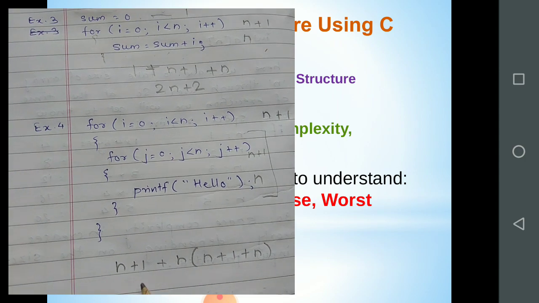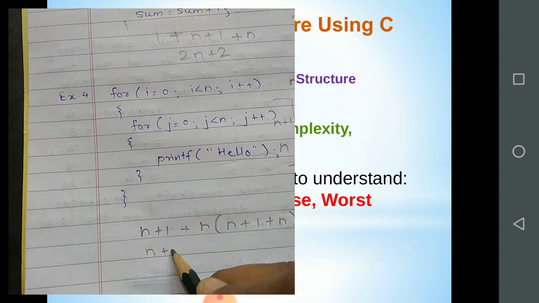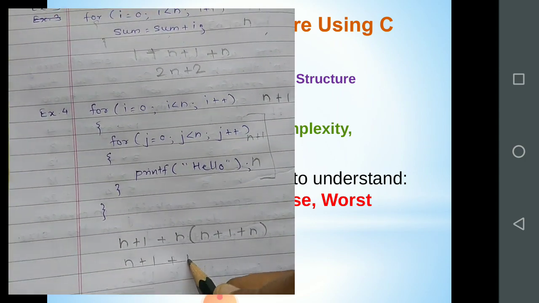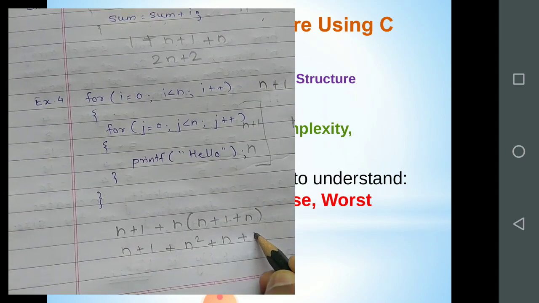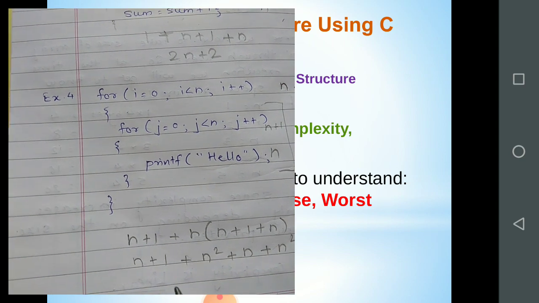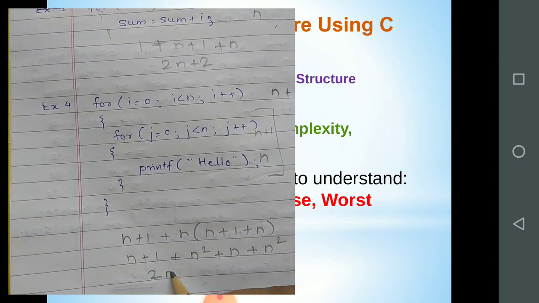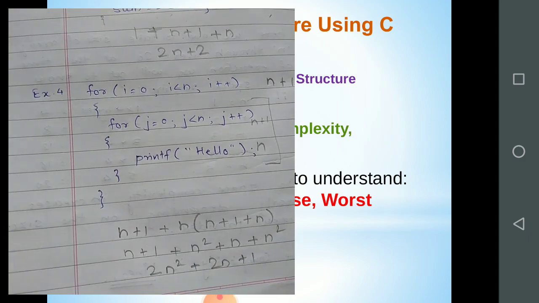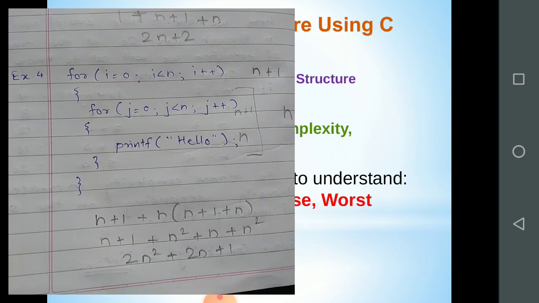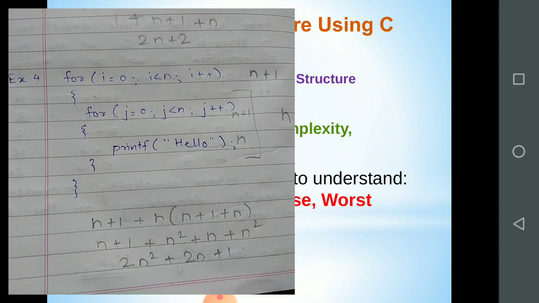So it is n plus 1 plus n square plus n plus n square, that is totally 2n square plus 2n plus 1. Here the time complexity will be like this.